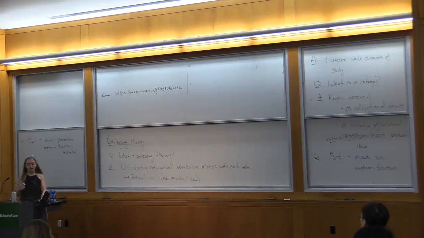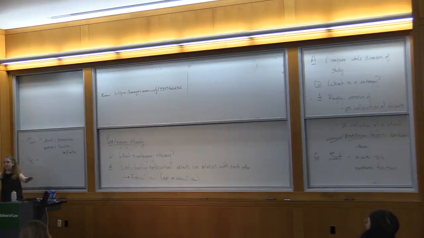Okay, so what else do I have here? So then we have the category of types. Again, I leave it up to you to specify the specific type theory that you're interested in.